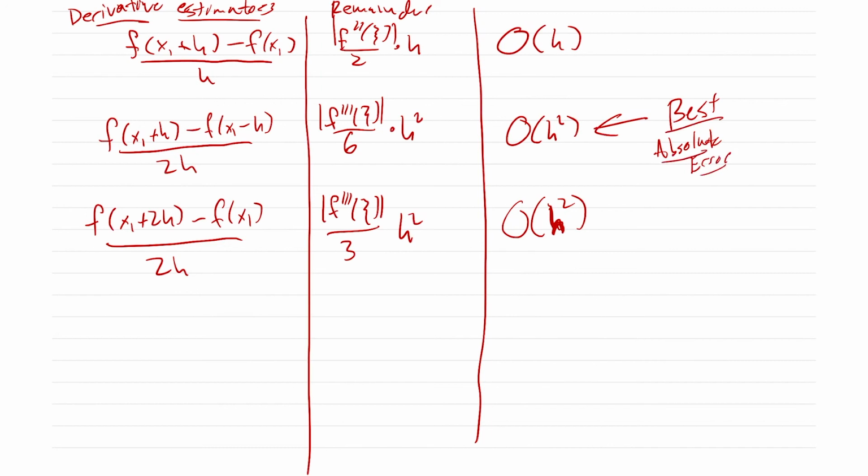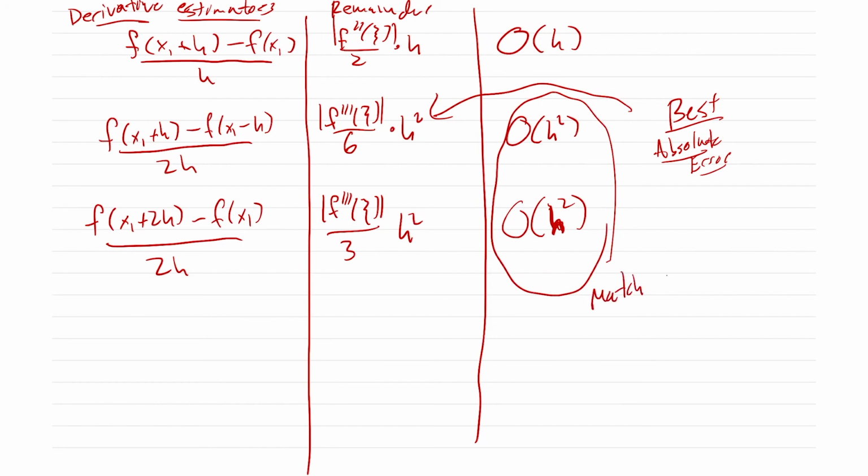But as far as the order goes, these two match asymptotically. Generally speaking, big O of h squared is pretty good.